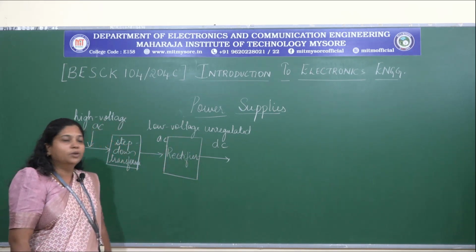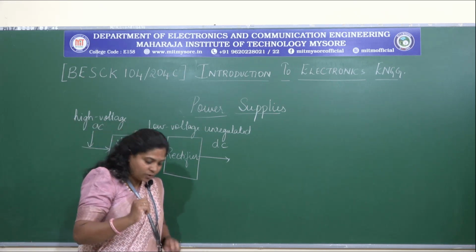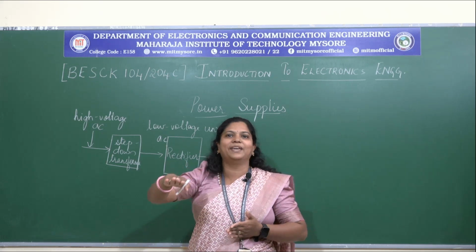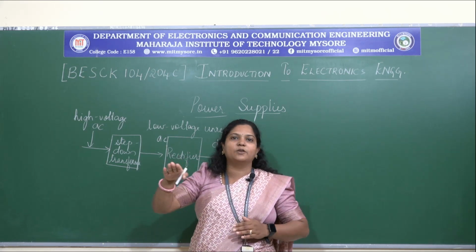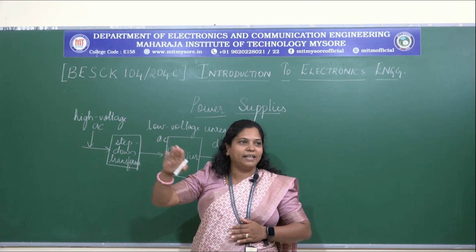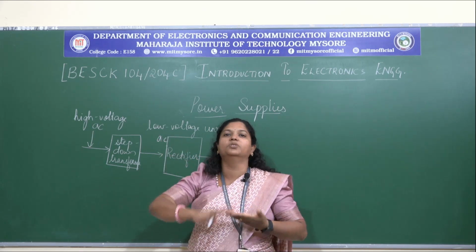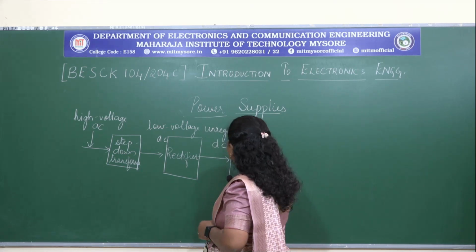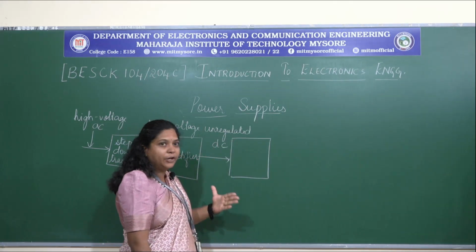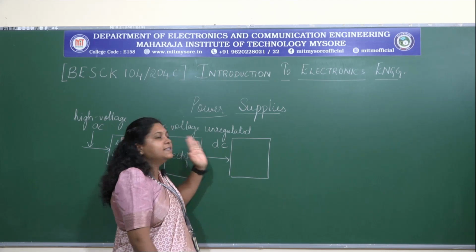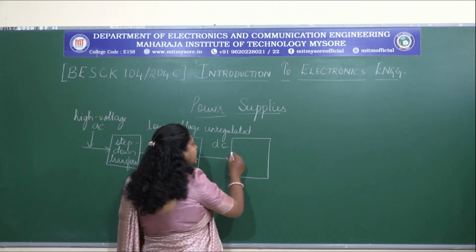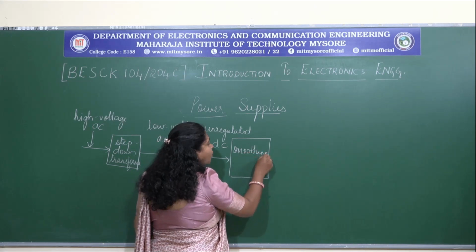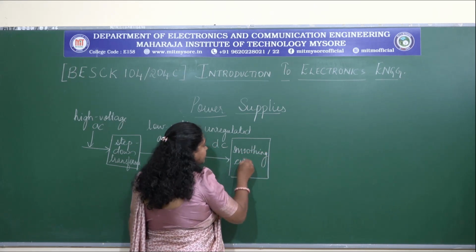Now what do we have to do? We have to smoothen it, because we know that whenever we say a DC source, it will always be a steady source. Steady source means there should not be any variations. We have to get a smooth waveform. So in order to smoothen it, we are going to convert this unregulated, or unsmooth, DC by making use of a suitable smoothing circuit or a reservoir circuit.